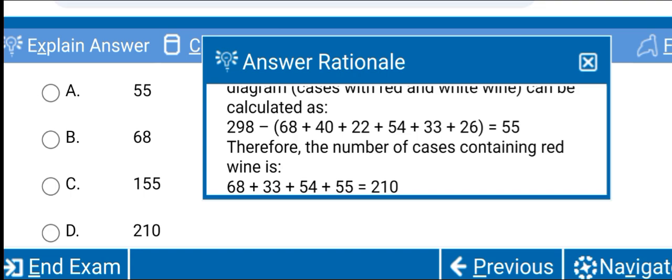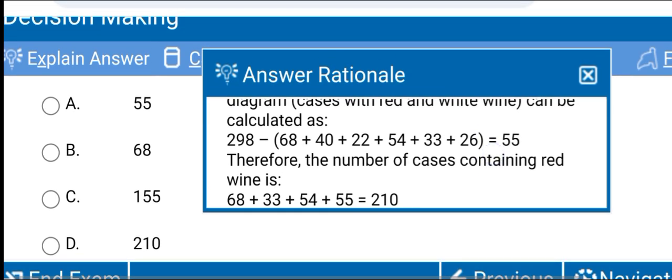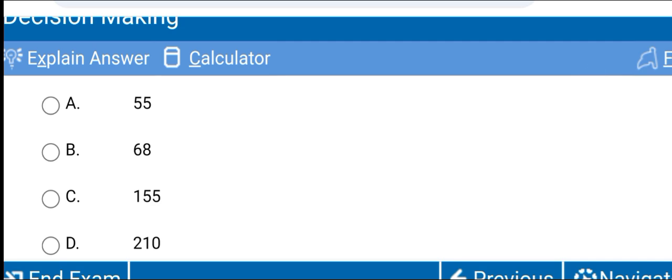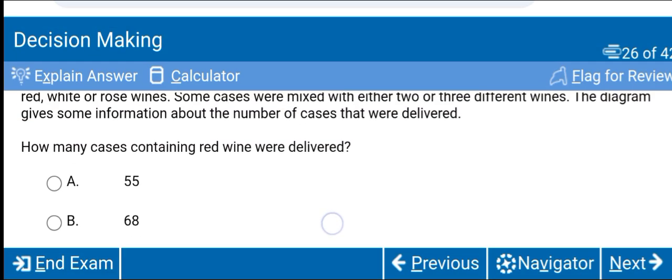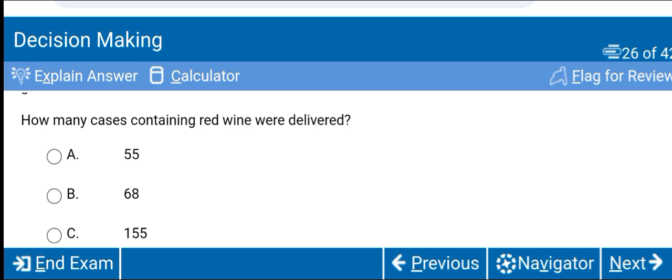Therefore, the number of cases containing red wines is 68 plus 33 plus 54 plus 55 equals 210. That's how we can say we have the correct option is option D, which is 210, the number of cases containing red wine that were delivered.